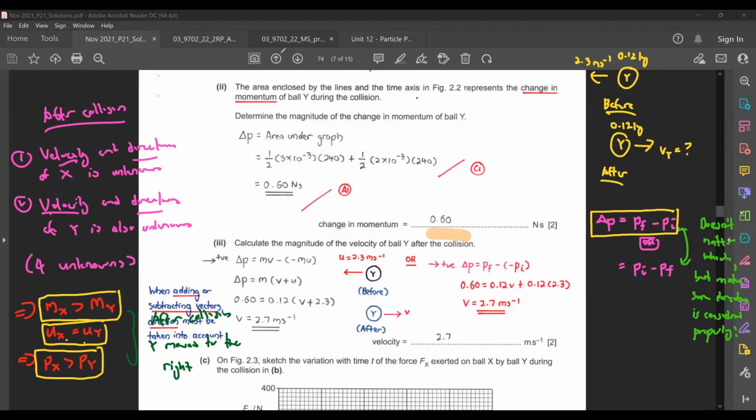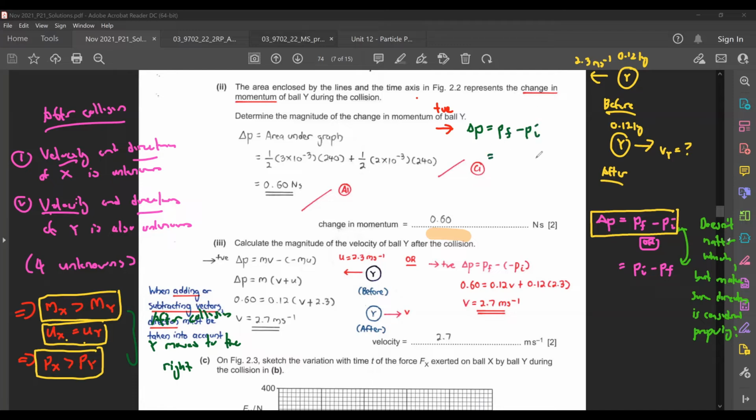You will see something a bit odd here later on. So I'll just write it here. Now, if you take the change in momentum as final momentum minus initial momentum, set your sign convention. This is one of the things I mentioned to you guys last time, to set your sign convention. So let's just say going towards the right is positive, and right now I'm taking final momentum minus initial momentum.